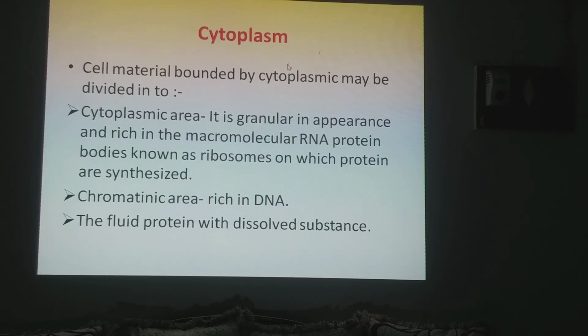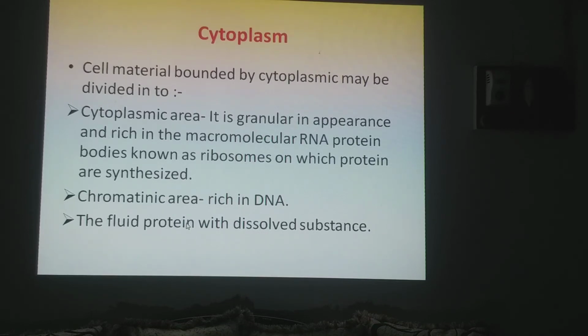Here, the cytoplasm is a fluid material which is there in the cell. It has three major components: cytoplasmic area, chromatin area, and fluid protein with dissolved substances.